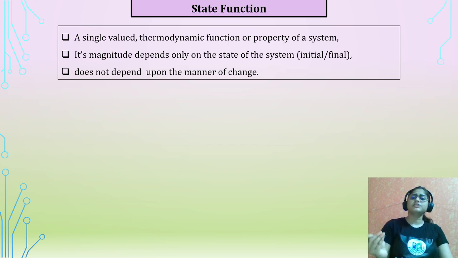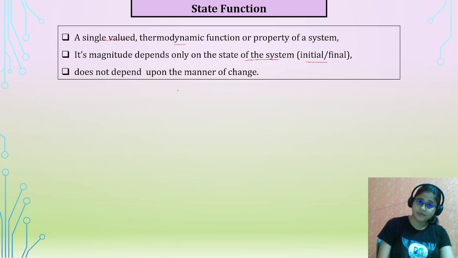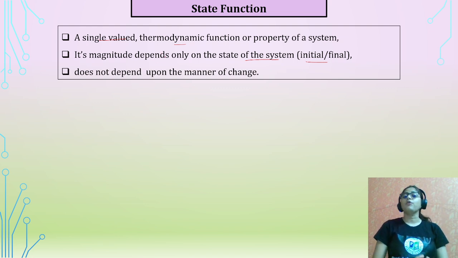A state function is a single valued thermodynamic function, obviously, and its magnitude depends only on the state of the system, initial and final. It doesn't depend upon the manner of change, how the change is happening.